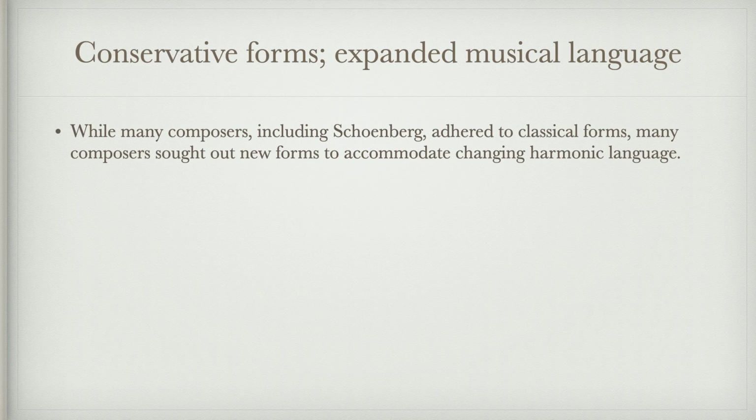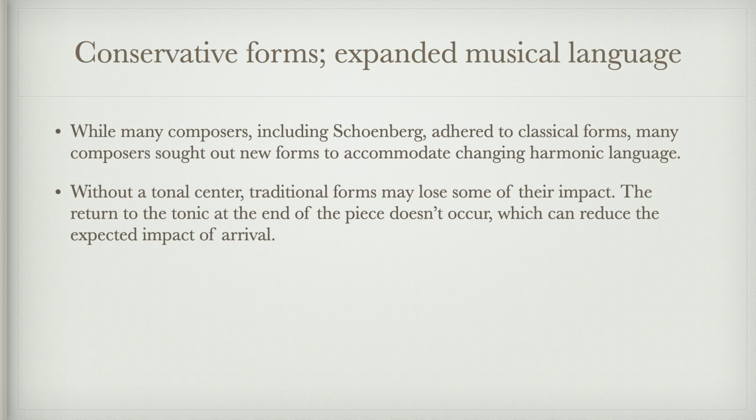And with the harmonic language changing so dramatically, it made sense for a lot of composers to continue to use the classical forms since audiences already understood these forms. So it provided a level of familiarity between the old forms and the new harmonic language. It just gave something for the audiences to latch onto. Of course, some composers went on and they created new forms entirely.